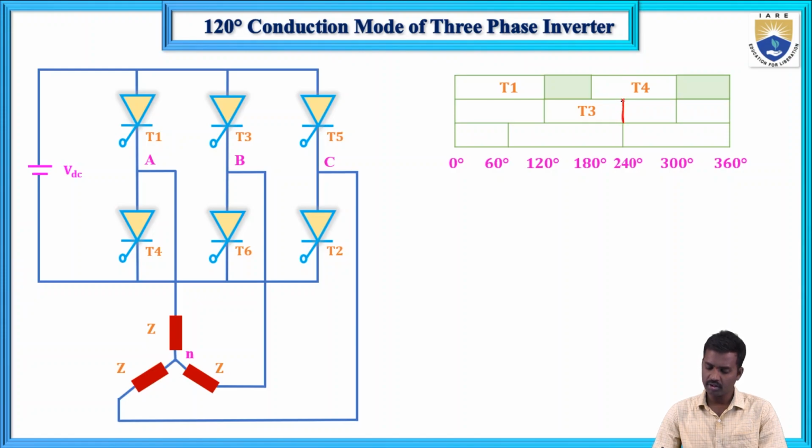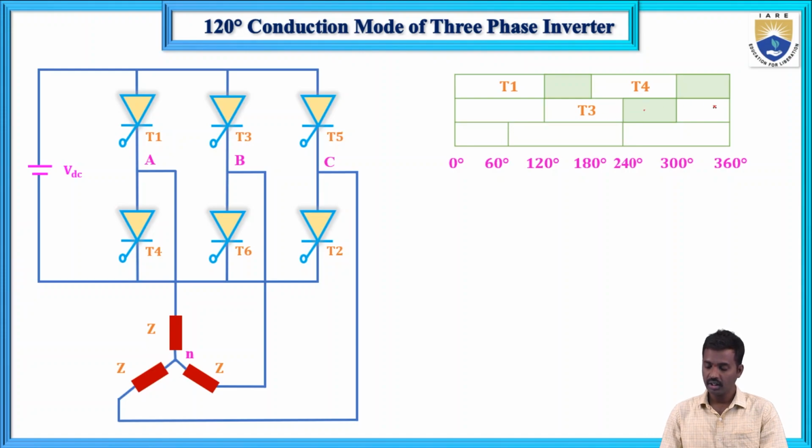After that, each thyristor will conduct only 120 degrees. The remaining 60 degrees it will be vacant. So T3 conducts up to 240, 120 degrees only. The duration for each thyristor in 120 degrees conduction mode in the three-phase inverter is 120 only. And next, this is vacant.